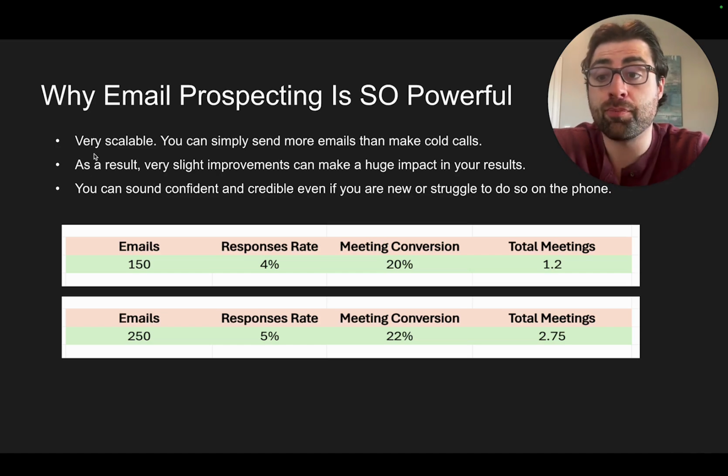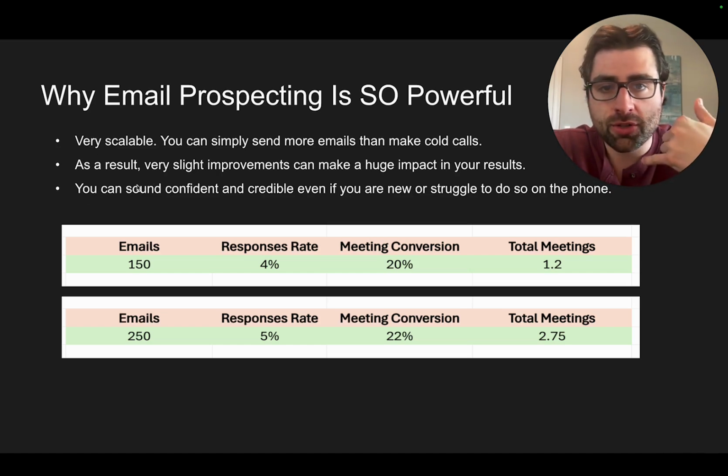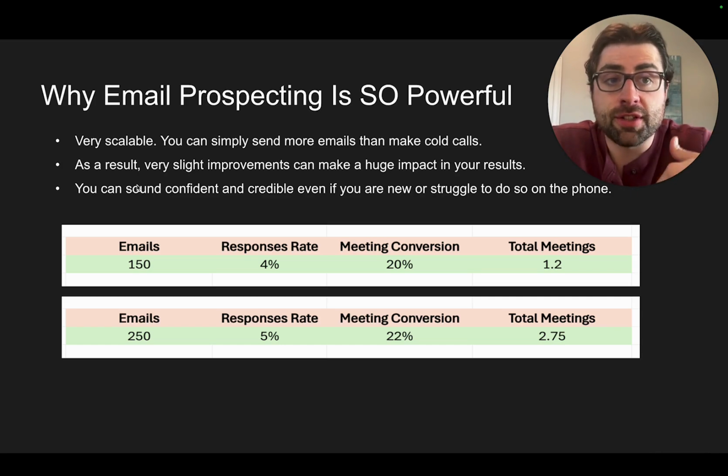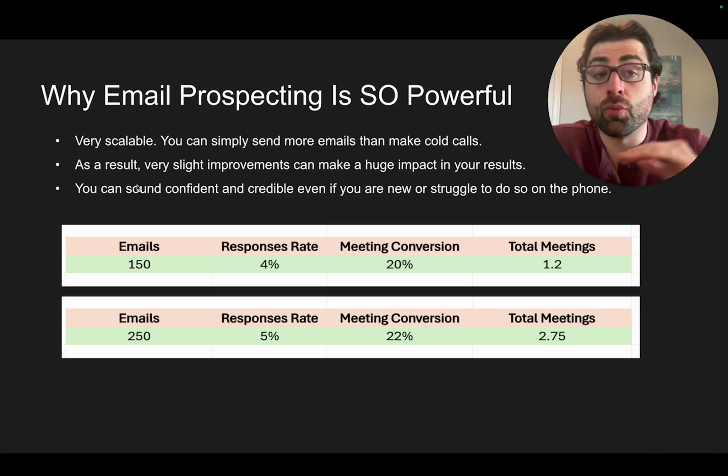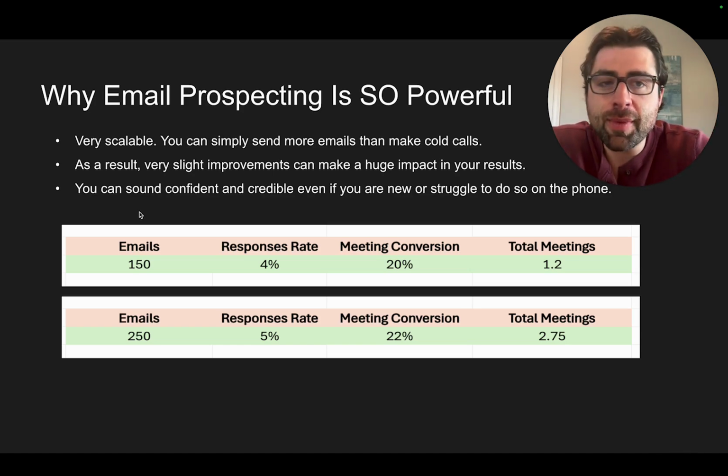Another big pro for cold email is, I get it, cold call is hard to learn. It takes time. If you're still in that process of learning how to cold call, it's difficult to sound confident and credible over the phone. I think that's the hardest piece to overcome when you learn how to become effective on the phone: sounding confident. The good thing about email is there's no tonality to it.